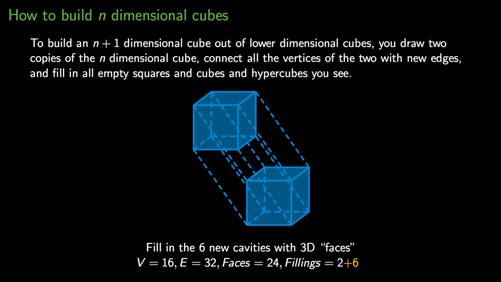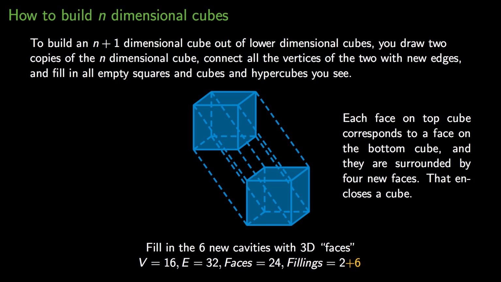So what you need to do is imagine each face on the top cube will correspond to a face on the bottom cube, right? Matchy matchy. And since we filled in all of those empty areas with new faces, they are going to be surrounded by 4 new faces, which encloses a cube-shaped area. And so we have to add a filling for that.